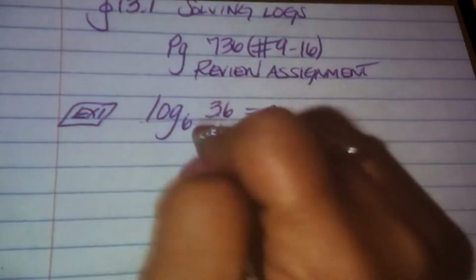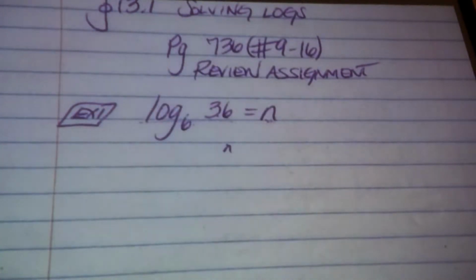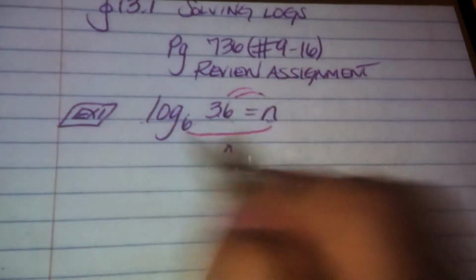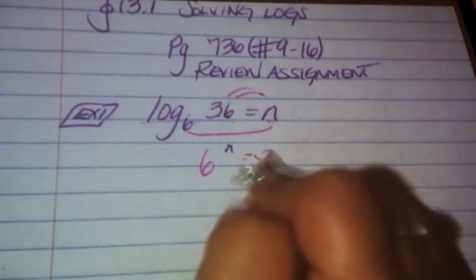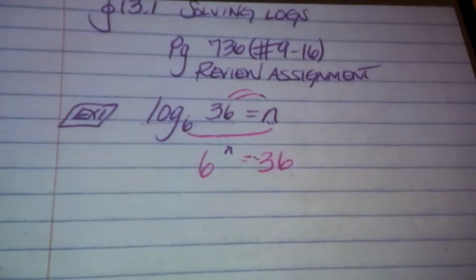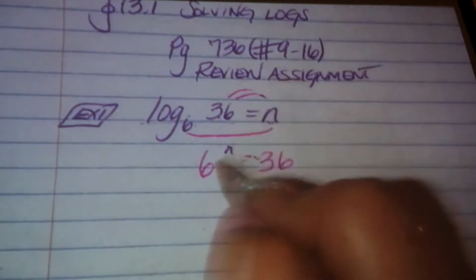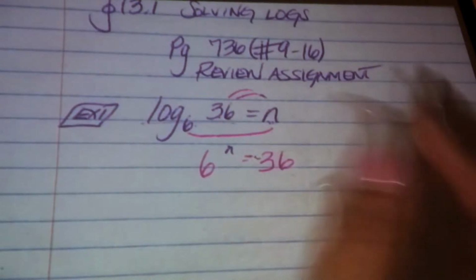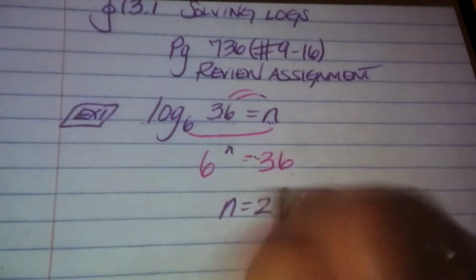So you can piggyback. Six to the n equals 36. So 6 to a power gives you 36. And what is that power? 2. So n equals 2.